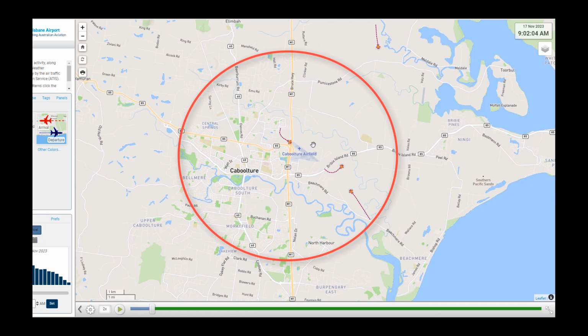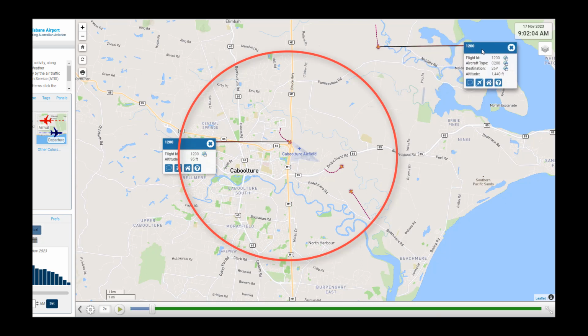We are in a situation here where we've got our Tecnam undergoing circuit training, established in the circuit, and we've got this aircraft to the north, which is indicated here as a Cessna 208.